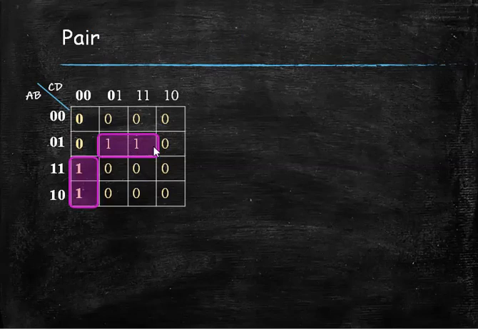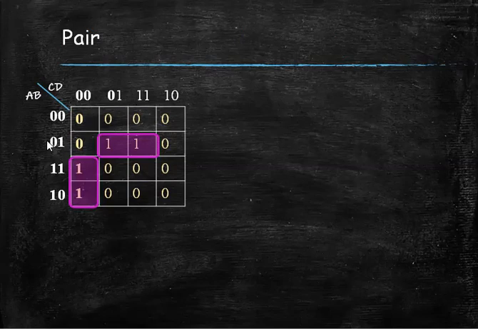Look at here, we move horizontally. When we move horizontally, the AB term is not changing. Here the term is A bar B. A bar B not changing. Then A bar B. And look at here, C is changing and D is not changing. Then C is removed.